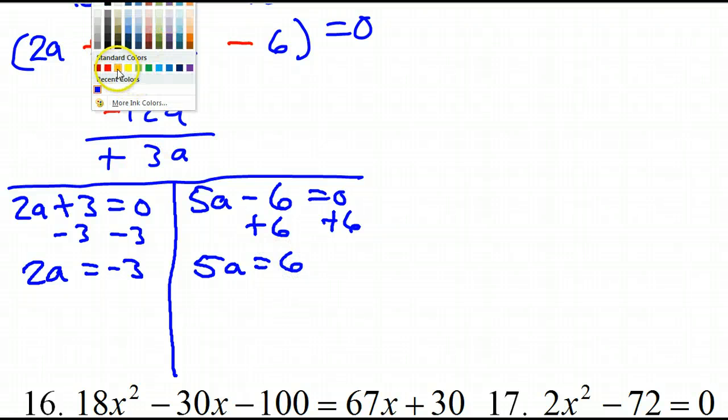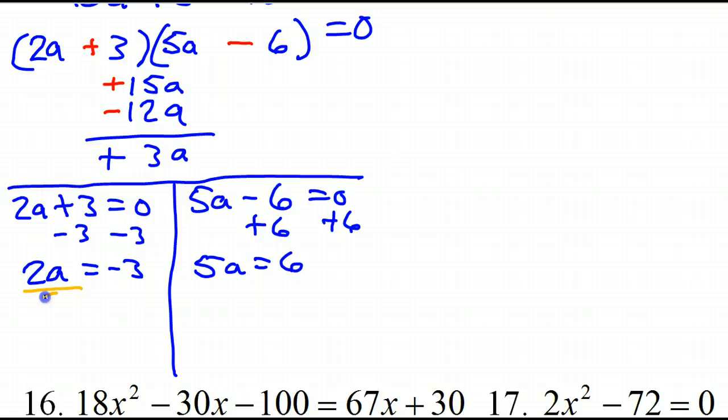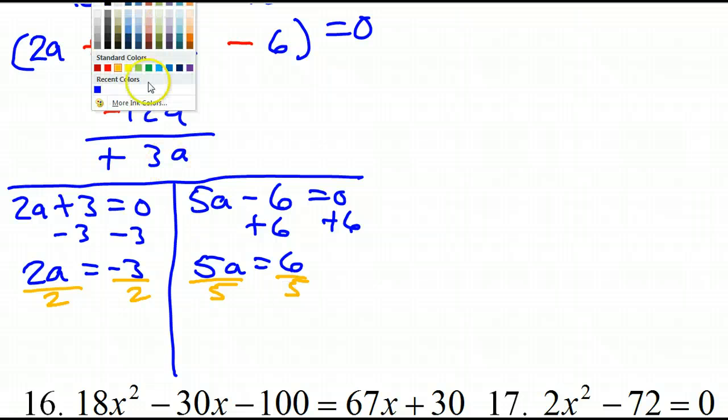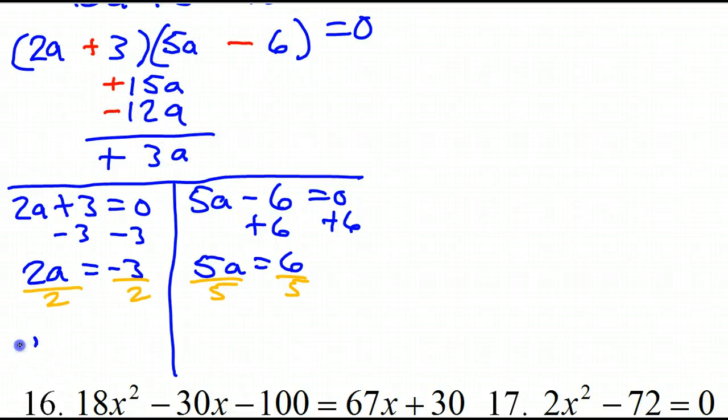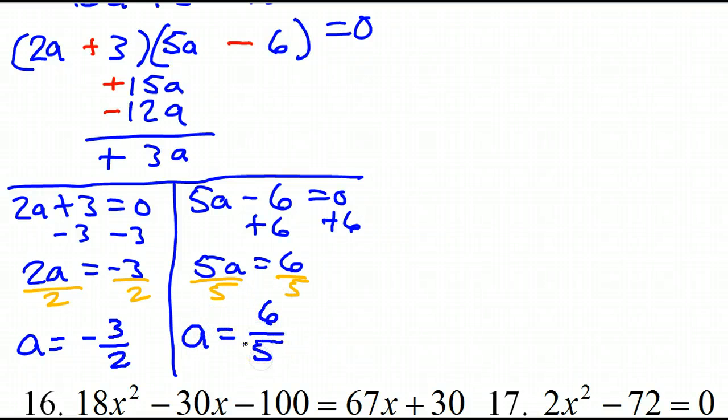If I then divide both sides by 2 here, and on this one I would divide by 5, that's going to give me my final answer. So I'll have a equals negative 3 over 2, and I will have a is equal to 6 over 5.